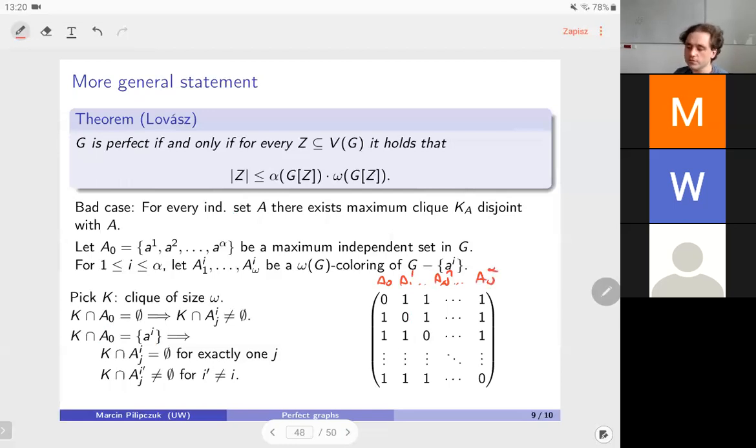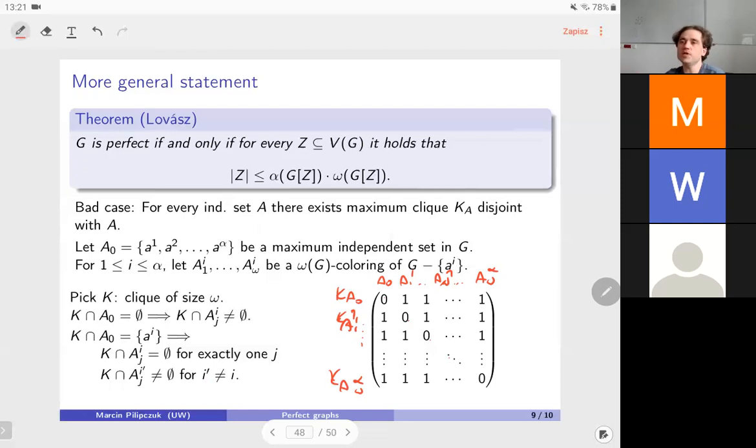Draw these independent sets and the cliques K_{A0}, K_{A11}, and so on, up to K_{A omega alpha}, and make a matrix. These numbers are how many vertices are in the intersection. By definition, on the diagonal you have zeros, but you cannot have more than one zero in any row. That's what we have proven here: for any clique, you can be disjoint with at most one A.